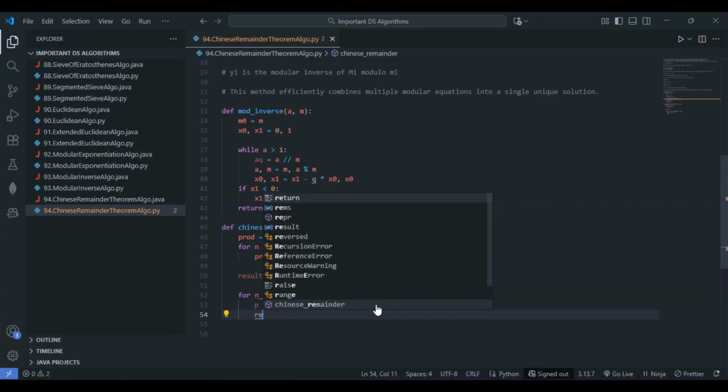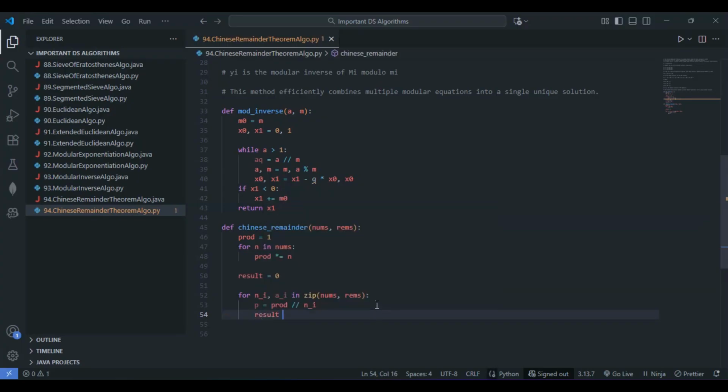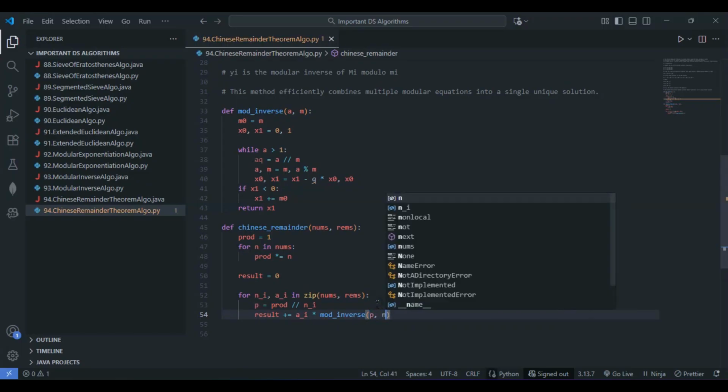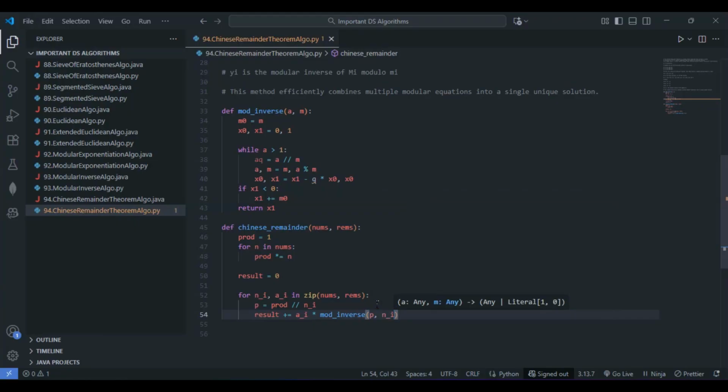So I'll just go with here result equals result plus a_i into mod inverse of p comma n_i. So this is fine. What I need to do here, we have to multiply this whole thing by p, right? Yep. So this is correct.